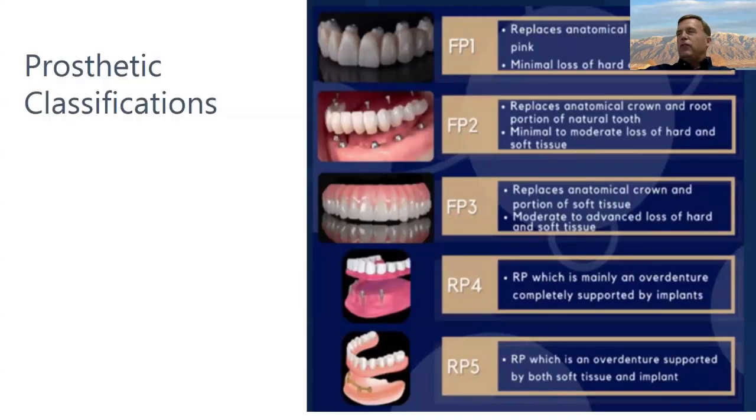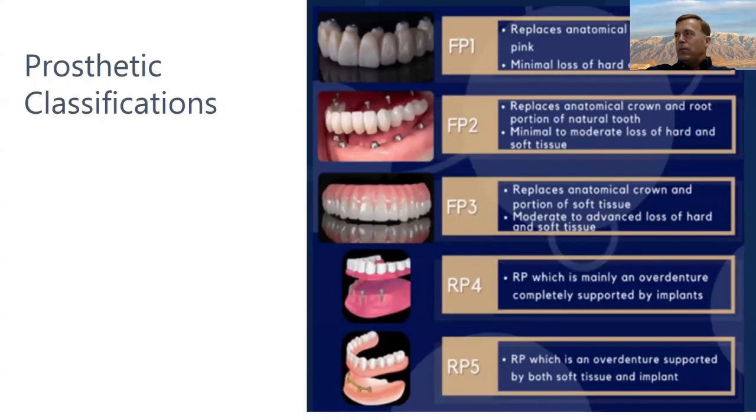All right, let's talk about a little fundamentals. Every all-on-X case we treat falls into one of these categories. And they're separated by how much hard and soft tissue they replace. And I'm not going to go top to bottom. I'm going to go in order of prevalence. So FP3 restorations are the most common ones that we do. They replace both pink and white tissue, as you can see.